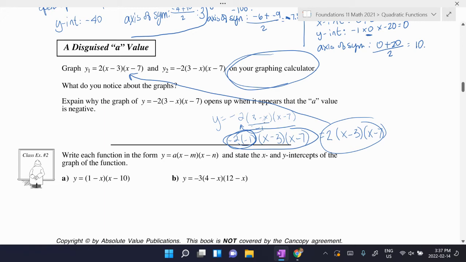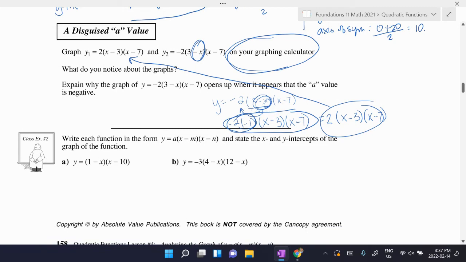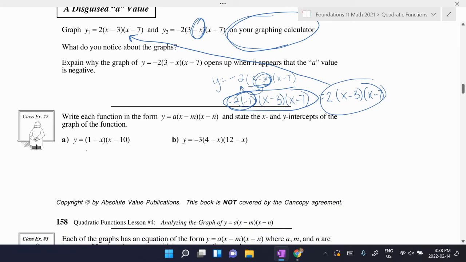If you have a negative x like this one, or this one up here, same, you need to get that out of there. Okay? You need to divide that negative 1 out. So let's look at this one. 1 minus x cannot stand like that. So I'm going to divide negative 1 out of it. If you divide it out, it has to come outside of the bracket, okay?